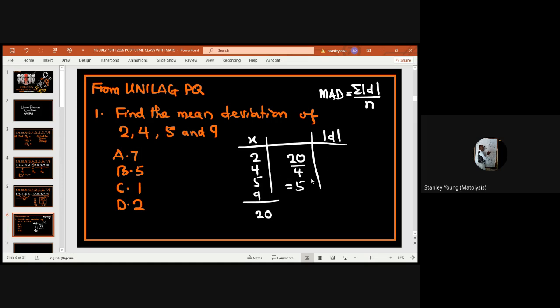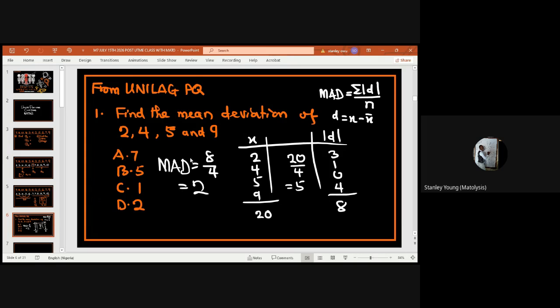Deviation means X minus X bar. 2 minus 5 is minus 3, but we are interested in the absolute, so we'll just write 3. 4 minus 5, absolute 1. 5 minus 5, absolute 0. 9 minus 5, absolute is 4. If you sum that together it is 8, so your mean deviation is 8 over 4, and that gives me 2.